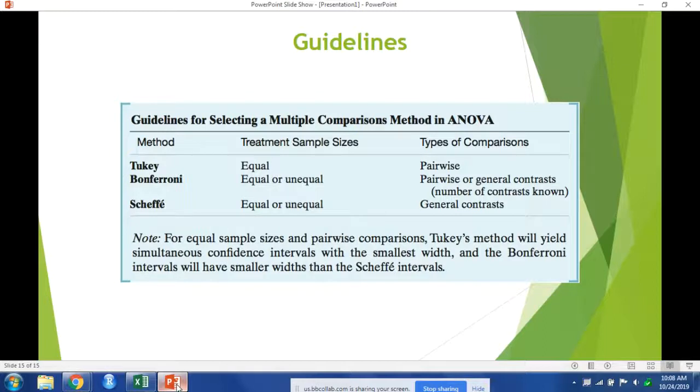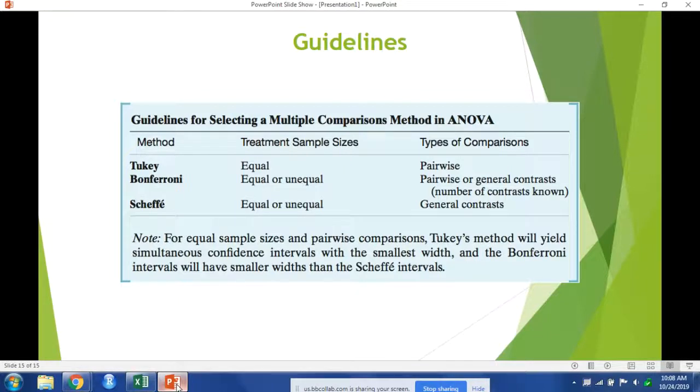Tukey, like I said, is probably the most common, but there are 2 others that we'll talk about. The Bonferroni method is like the Tukey procedure and can be applied when pairwise comparisons are of interest. However, the advantage of Bonferroni's method is it does not require equal sample sizes.